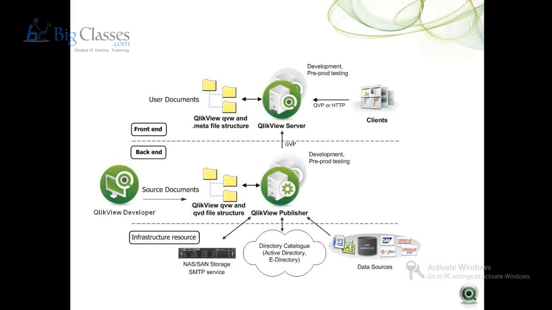Apart from that, there is no use of QlikView Desktop. And the QlikView Publisher takes care of all your reloading activities, reducing the data, and distributing the QlikView documents. Sometimes in real scenarios, there might be some jobs scheduled or triggered by external events. These kinds of activities will be taken care of by the QlikView Publisher.